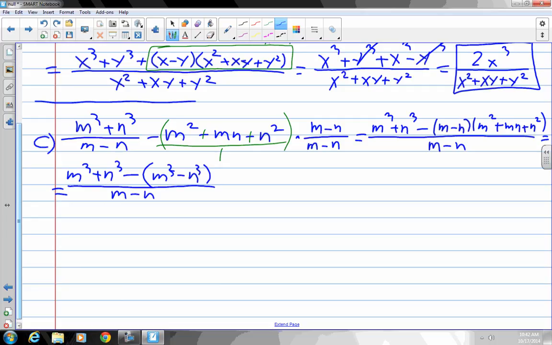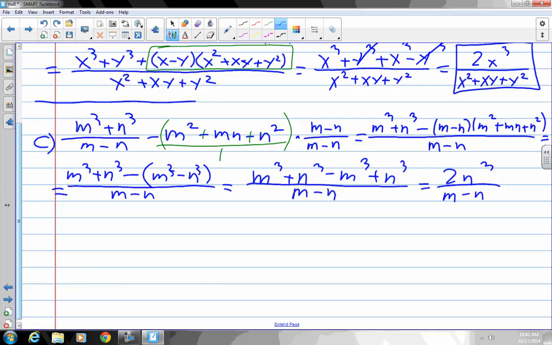Multiply first, then subtract, so whatever the product was still remains inside the parentheses. That little minus sign made this problem a whole lot harder than the one we just did. It's really hard to keep track of all the negatives. So again, just keep in mind your order of operations. Multiply before you subtract. So then the m's cancel, you have 2n cubed over m minus n.